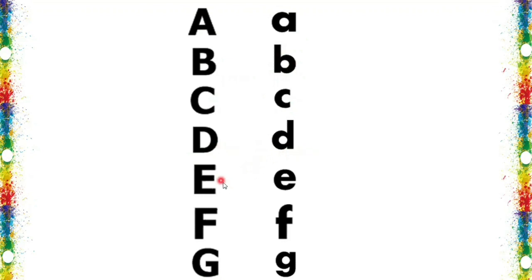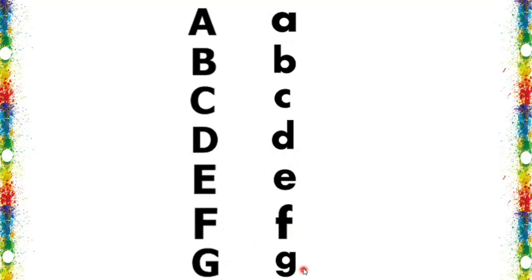This letter is capital E. This letter is small e. This letter is capital F. This letter is small f. This letter is capital G. This letter is small g.